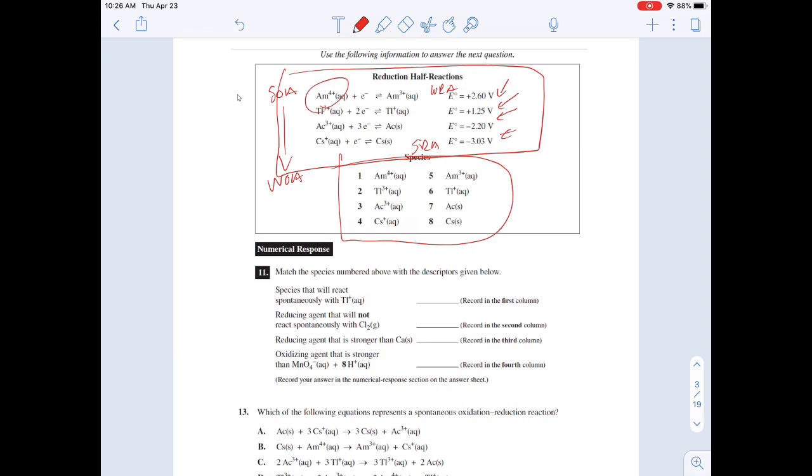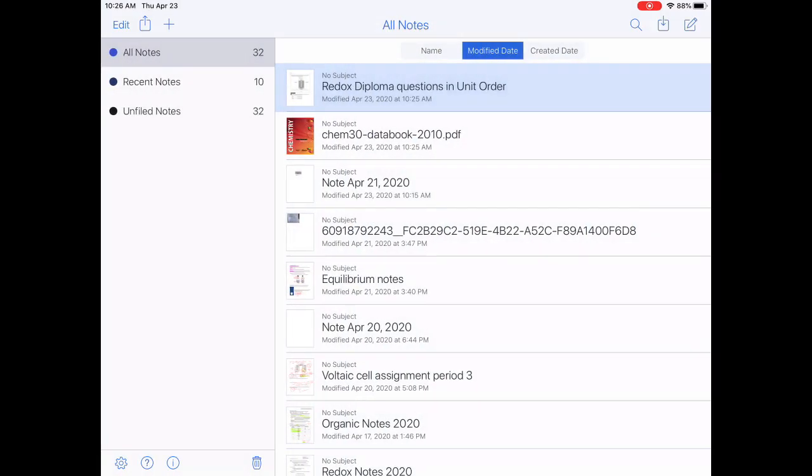It says, species that will react spontaneously with Tl positive. The only chemical that will react spontaneously with Tl positive is americium-4. Next, a reducing agent that will not react spontaneously with chlorine. For this part I need to reference the data booklet.